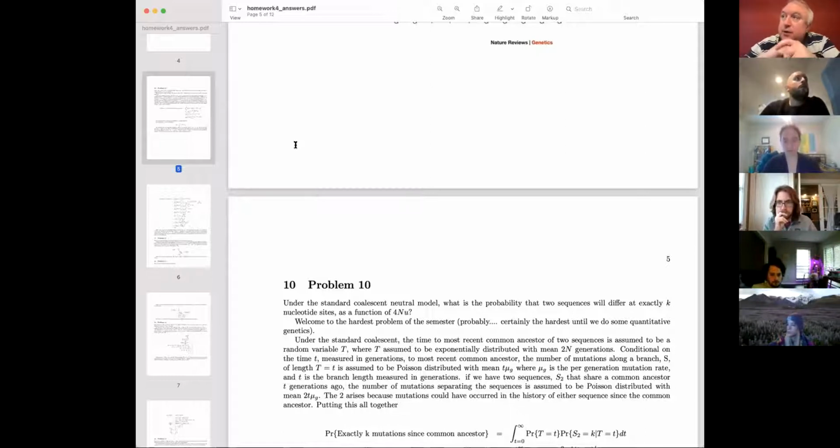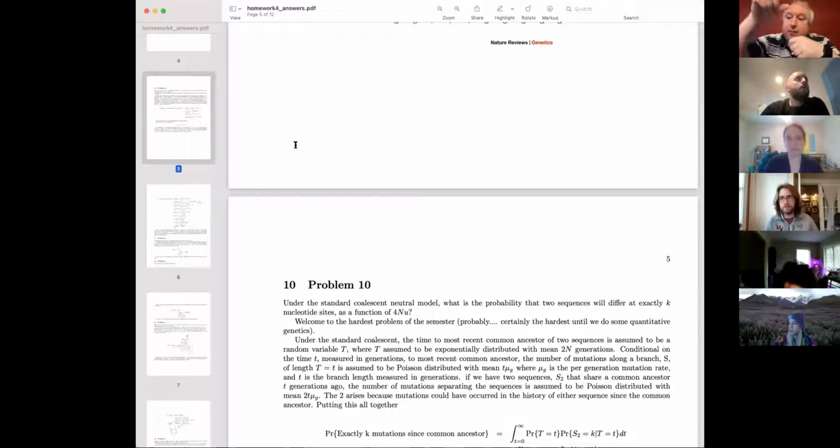The coalescent view is, let's start with sample size 2. If you have 2 alleles right now, you can think about those 2 alleles as having a common ancestor at some point in the past.